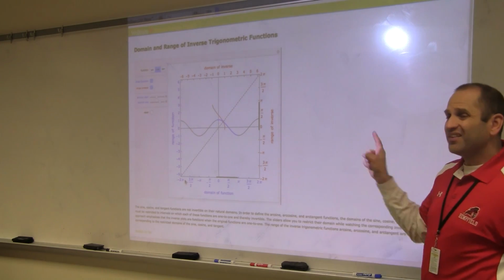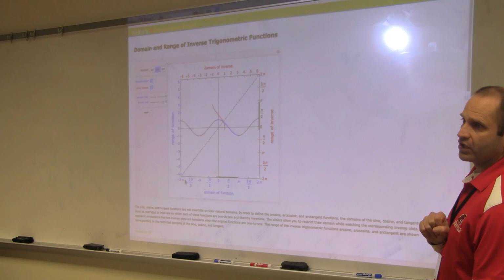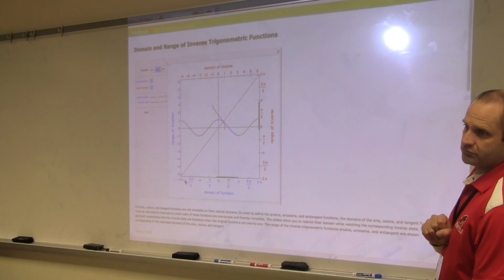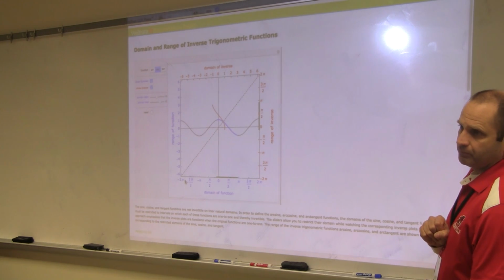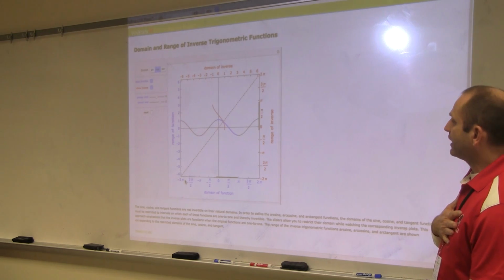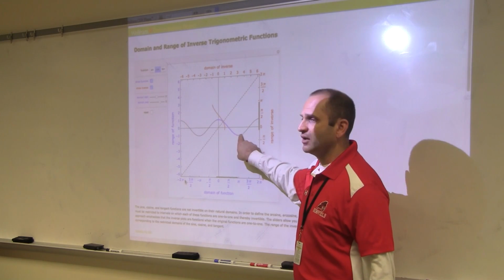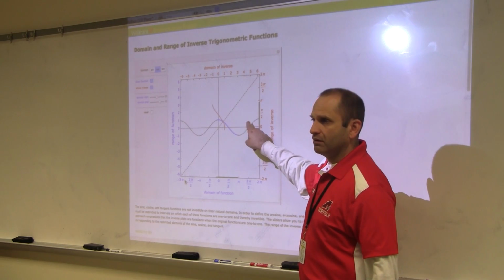So I agree. Is that the only one-to-one section that we could keep? Sammy, give me another one. Pi to 2 pi. Pi to 2 pi would have worked. You're going to say as long as it's what? Half a cycle?